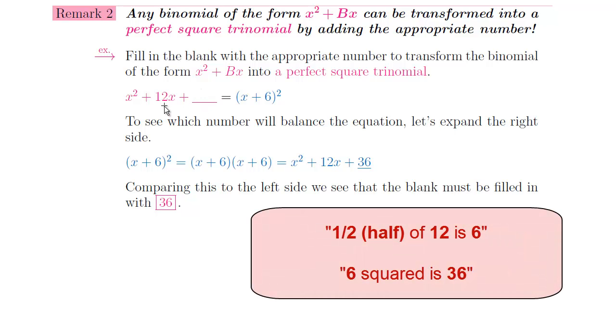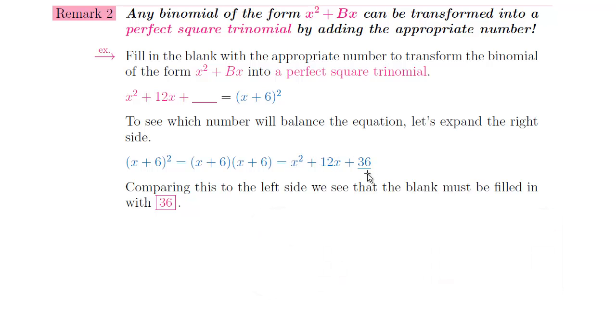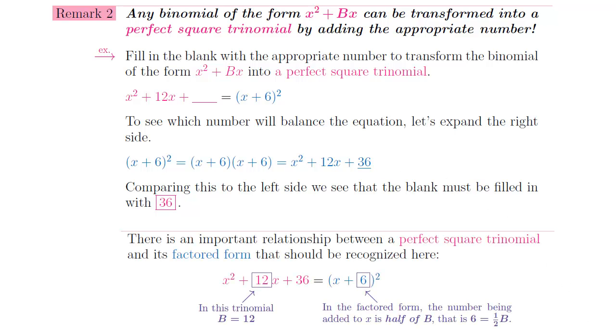In other words, if we were to take half of this number here, which is half of 12, we get 6. And 6 squared gives us 36. That's the relationship that will help us create these perfect square trinomials. Let me restate. There's an important relationship between a perfect square trinomial and its factored form that should be recognized here.